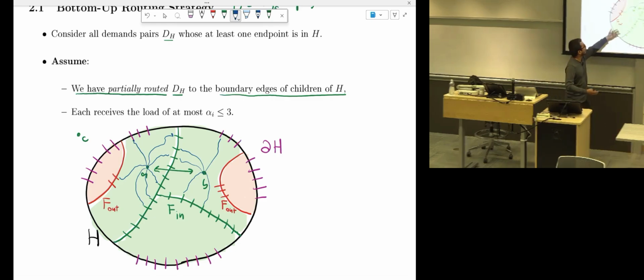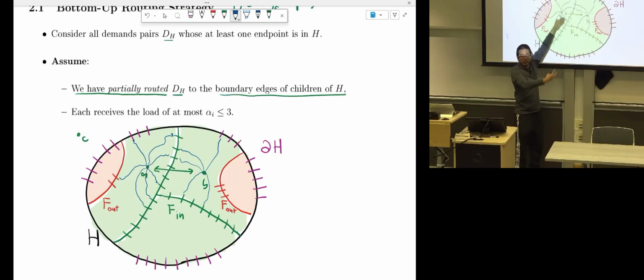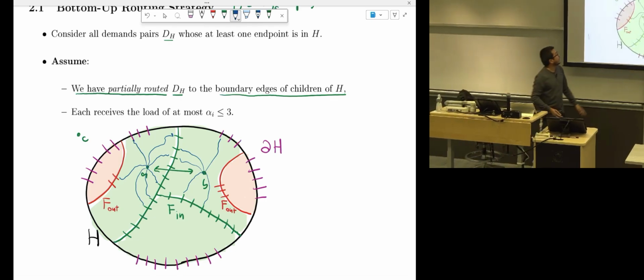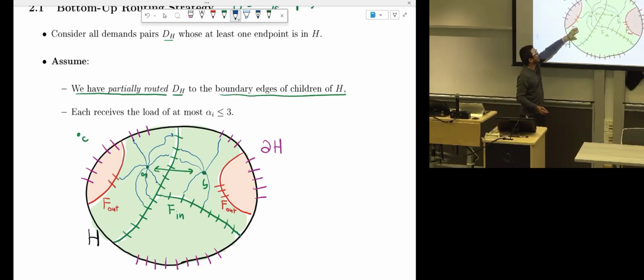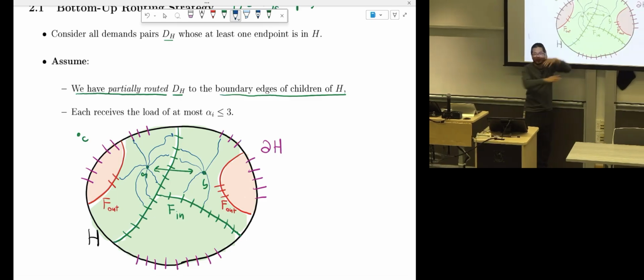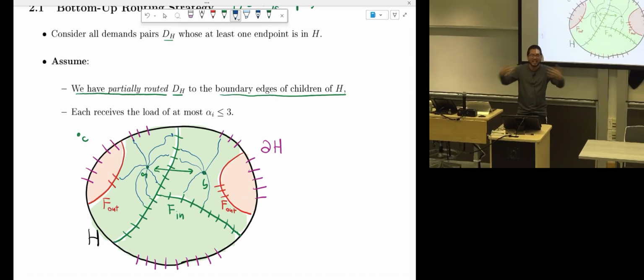So maybe the goal in this level is now to connect the flow path so that it is routing between A and B, or the goal is now to try to go further to C. But actually, if we want to go further to C, we will just try to send flow to the battery of H. So the goal is always either to intuitively finish some demand inside, or otherwise, if it's a demand to outside the cluster, just send it up to the battery.